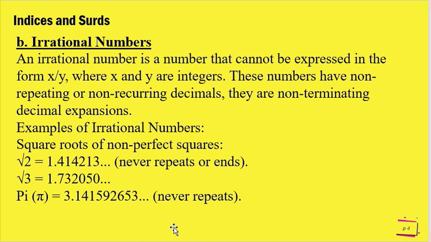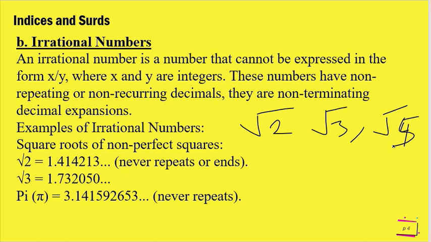Examples of irrational numbers are the square roots of non-perfect squares, for example the square root of 2, square root of 3, square root of 5. The square root of 4 has a perfect square, and therefore gives us a rational number. But any number that is not a perfect square will give us an irrational number.